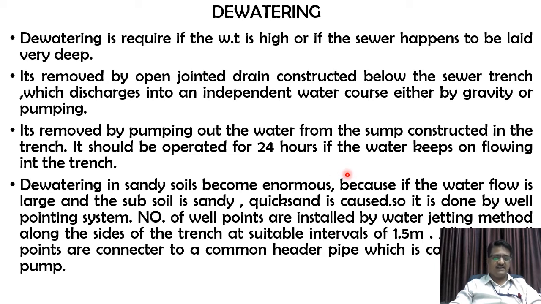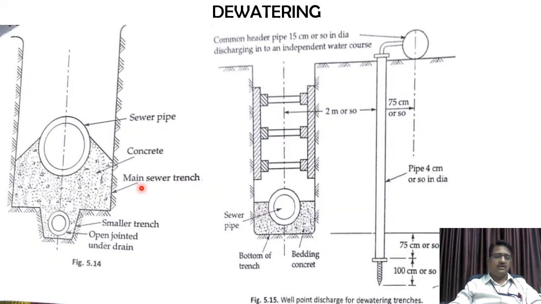Let us see the figure to understand it better. There are two ways. One is you have your pit, and here you have your sewer line which is already there, with your bed concrete and everything.